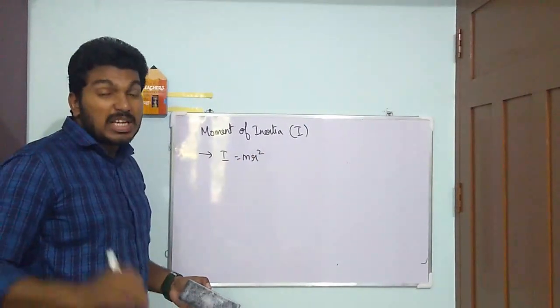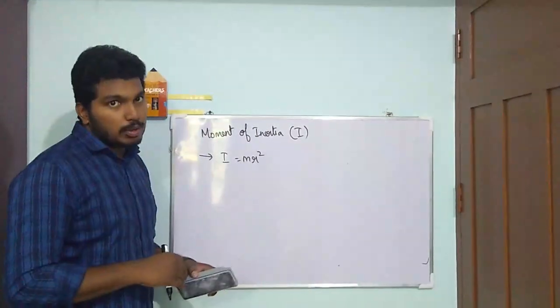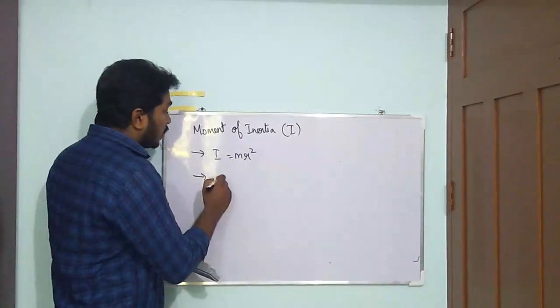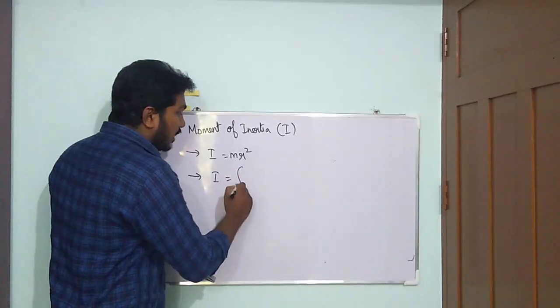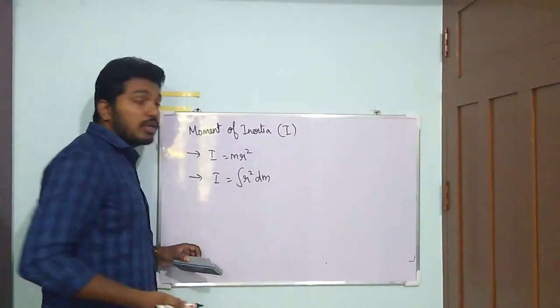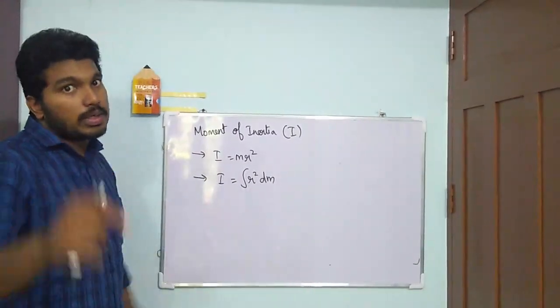If the shape is defined, the moment of inertia will have a different value. And for a continuous mass distribution, the moment of inertia can be written like this: I is equal to integral r square dm.